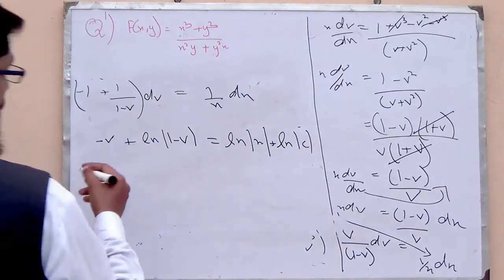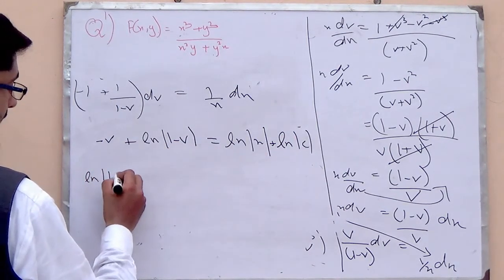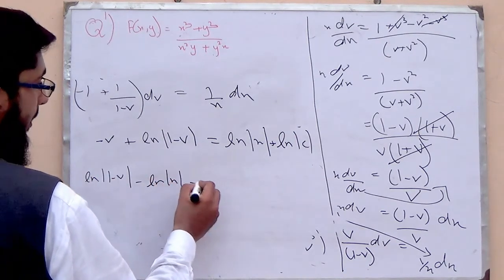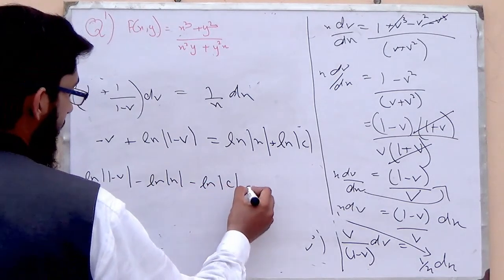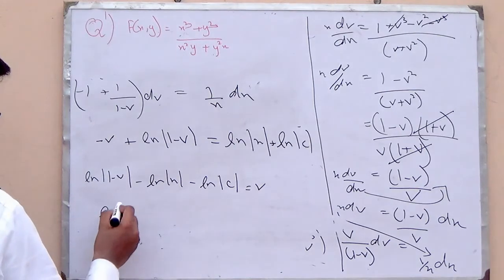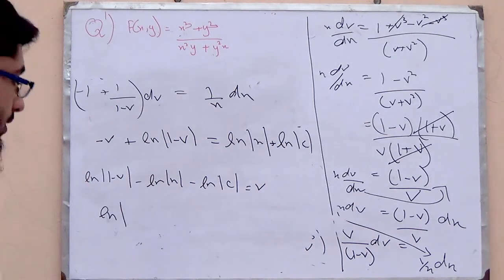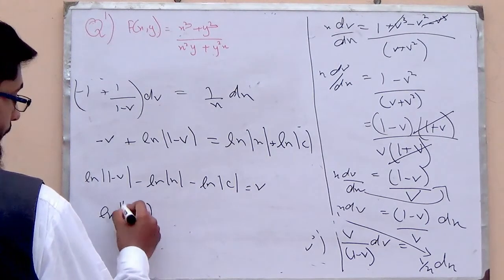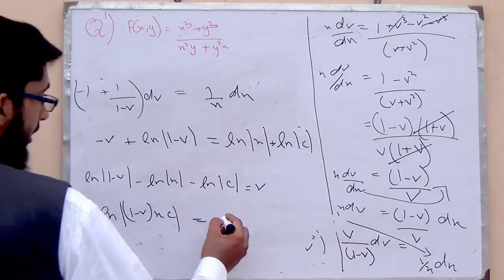We can also simplify it more: ln, take all the terms here, 1 minus v minus ln x minus ln c, and get this v to there. Ln we can write by the product formula of the logarithm. We can write it as 1 minus v times x and c, and here it will be v.